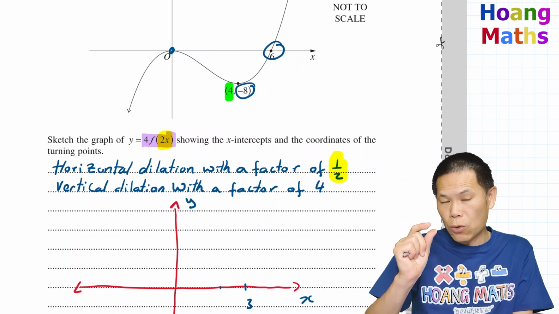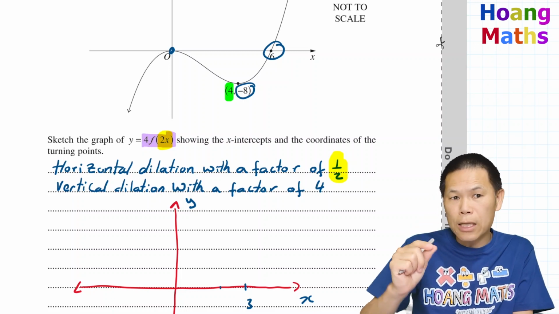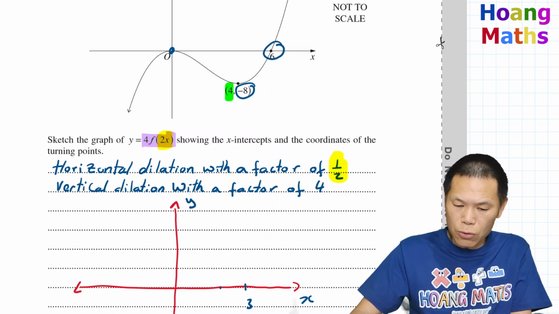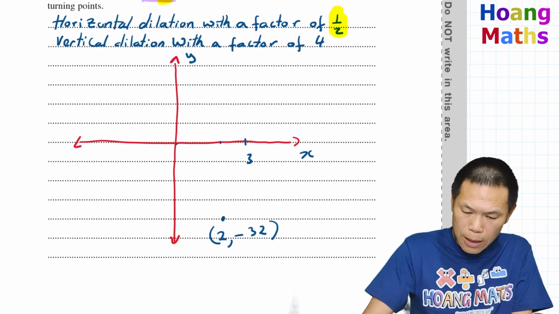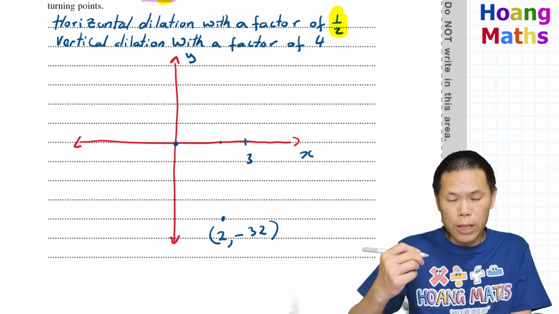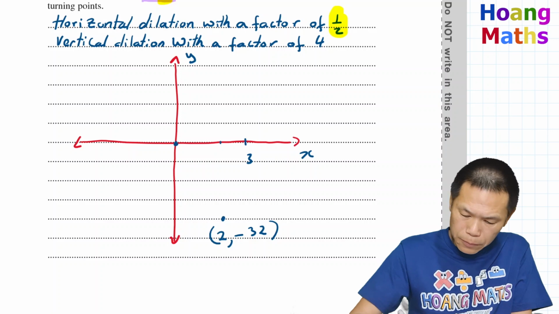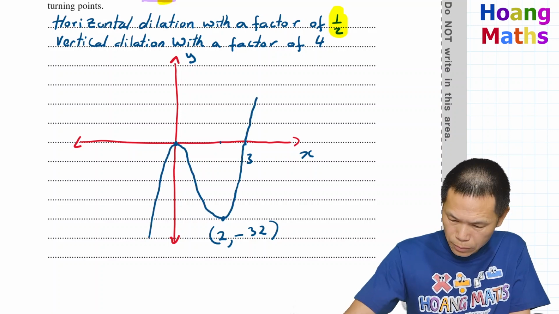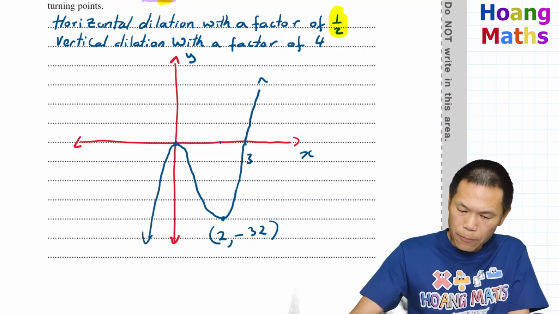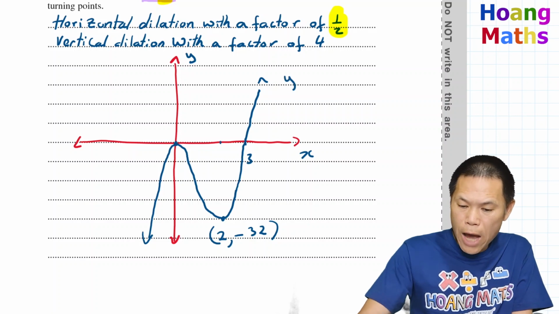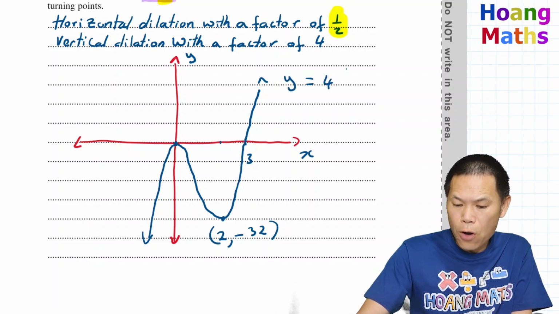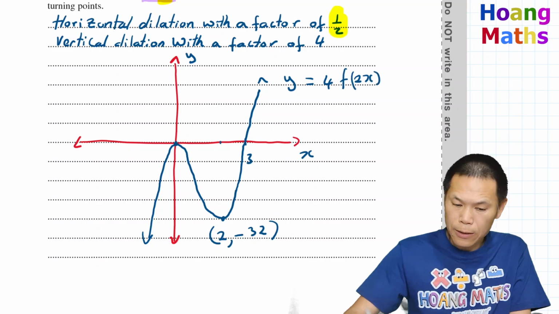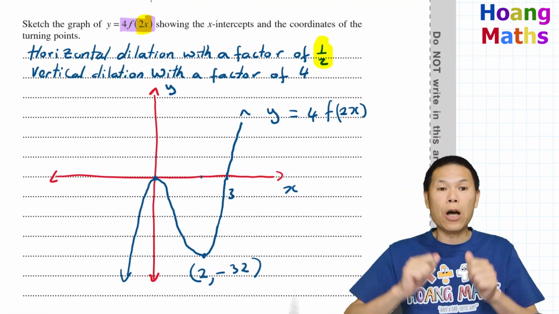And then the vertical axis, that is the y-axis, 4 times 0 still gives me 0. So the 0 stays the same. Now I just quickly join these points together. So there you go, this is y equal to 4f of 2x.